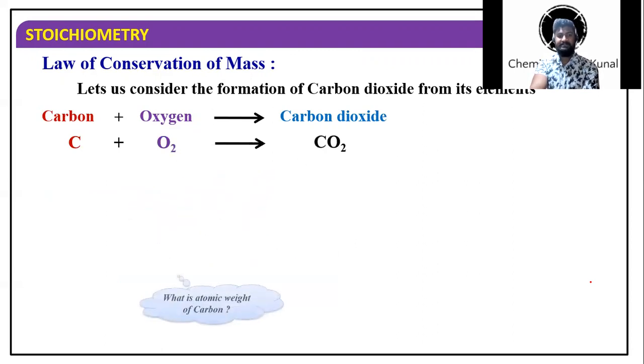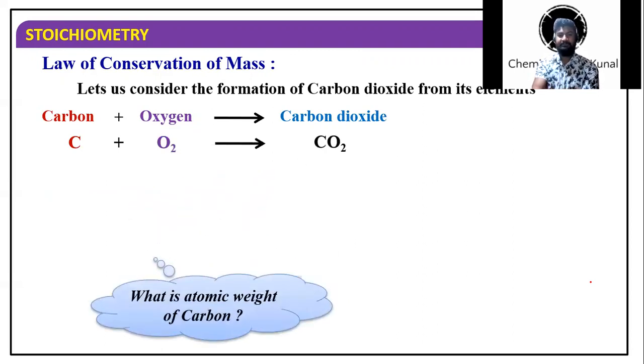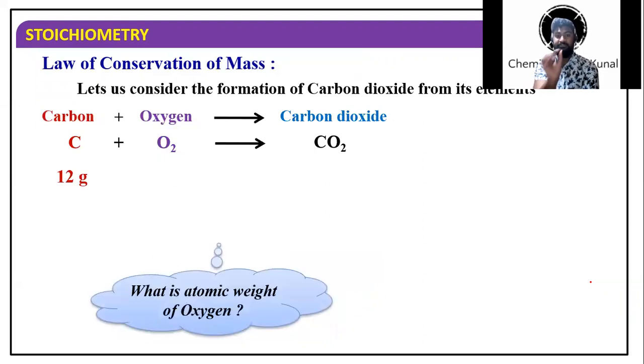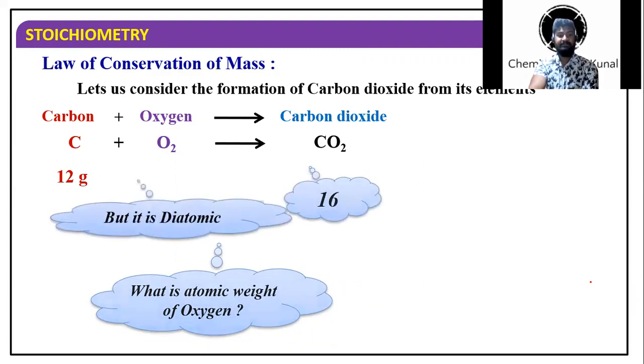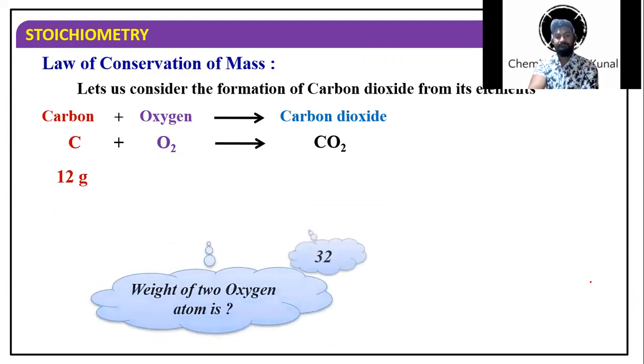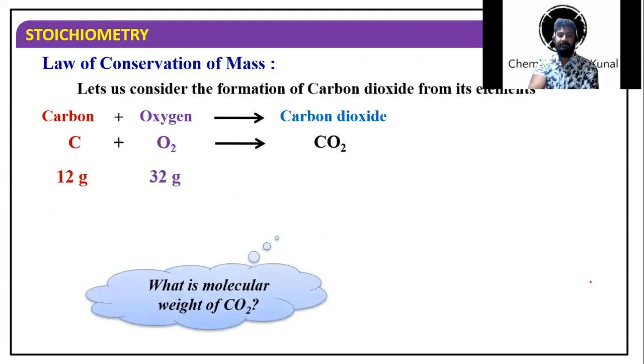Now let's try to see their masses. What's the atomic weight of carbon? From junior classes, you know that the mass of carbon is 12. I will discuss in the next lecture how we find the masses, but for now, let's assume the mass of carbon is 12 grams. The mass of one oxygen atom is 16 grams, so the mass of two oxygen atoms will be 32. Now add them up: 32 plus 12 is 44. We'll try to see whether the mass of CO2 is really 44.